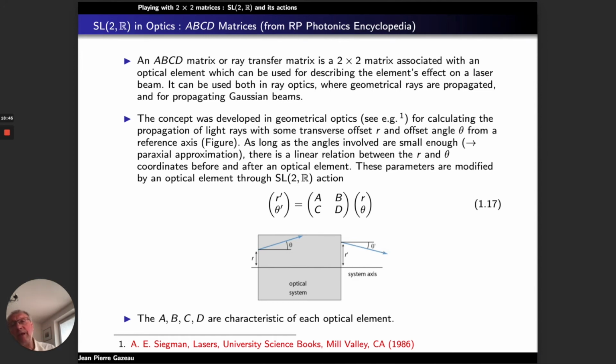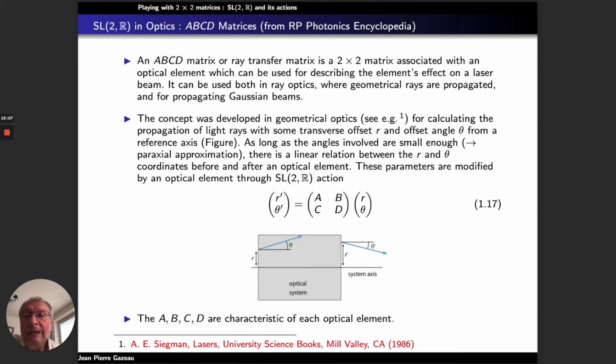I will not explain what is a Gaussian beam. I will try to do that maybe later in lesson 2 or 3. So the concept was developed in geometrical optics. So you can, for instance, read this reference here in footnote.